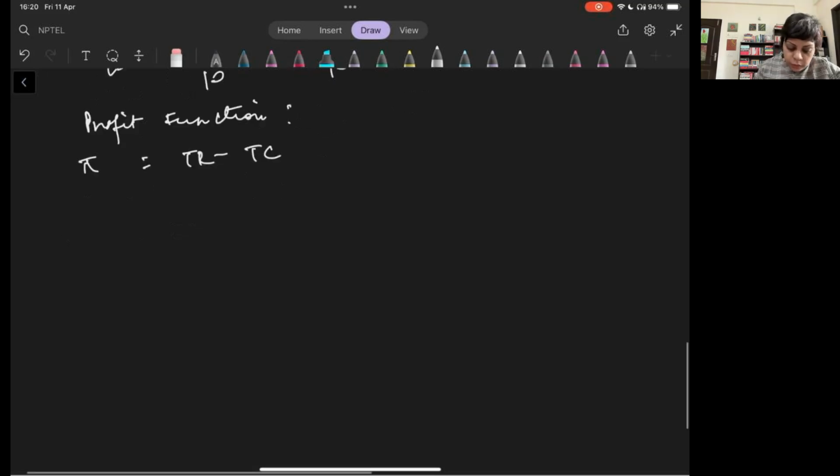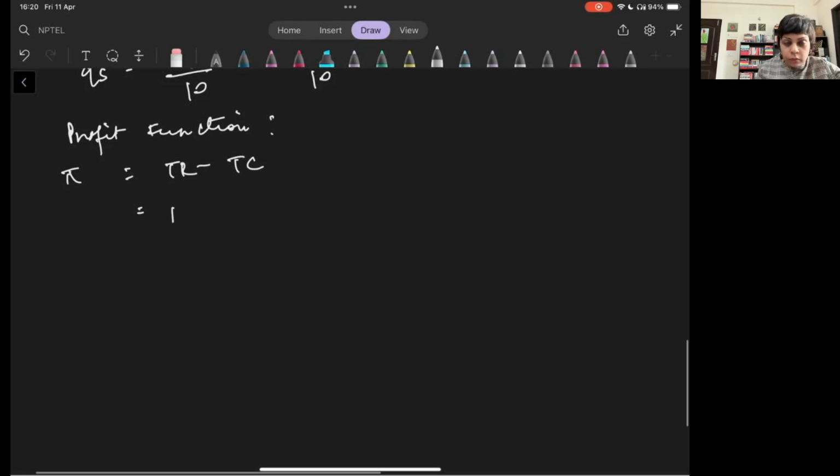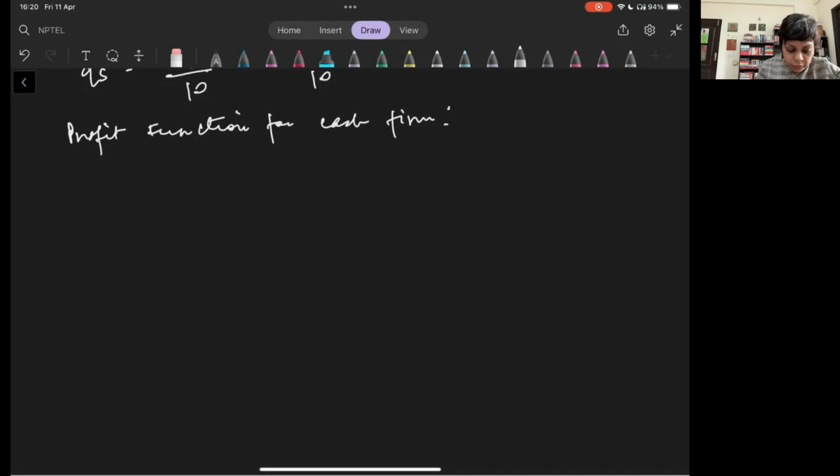Total revenue is nothing but P into Q. We're talking about each firm, okay? So let me rewrite this actually. Each firm will have an identical profit function.